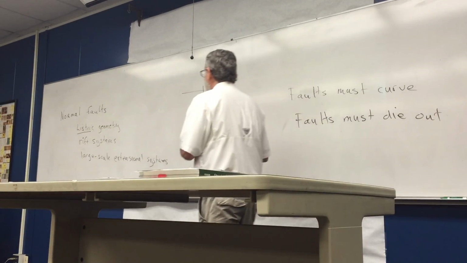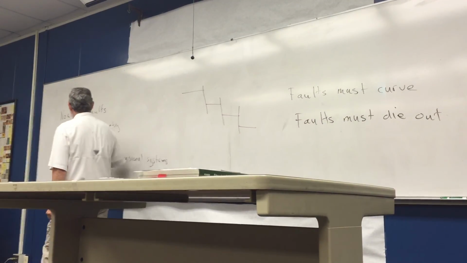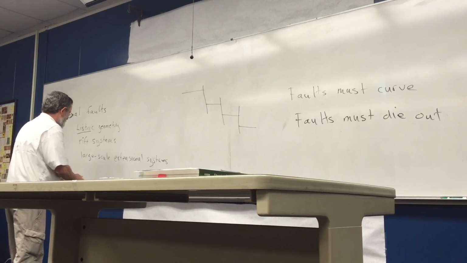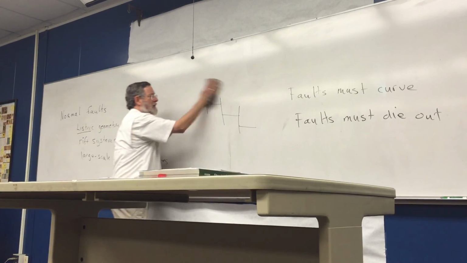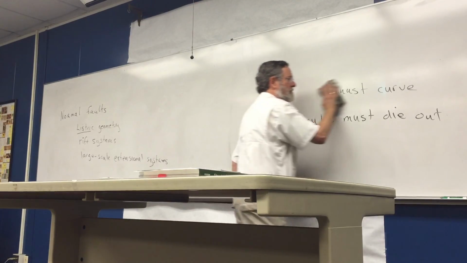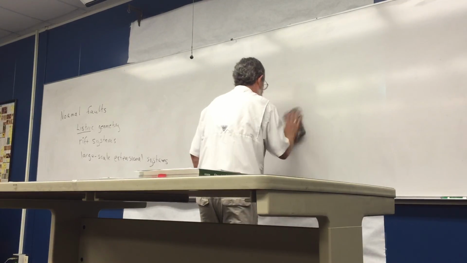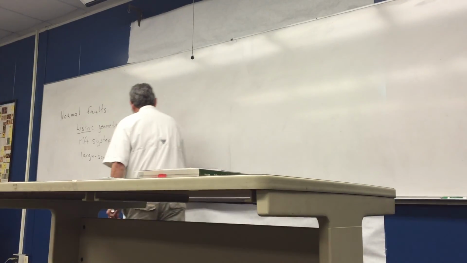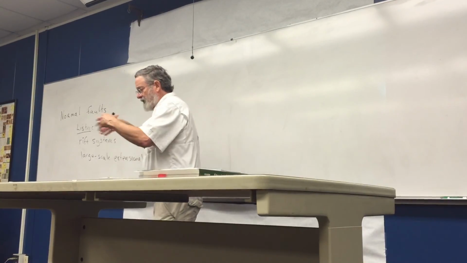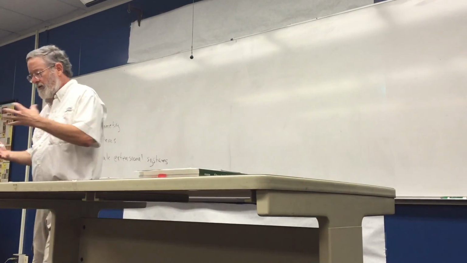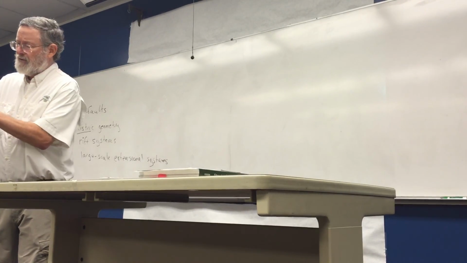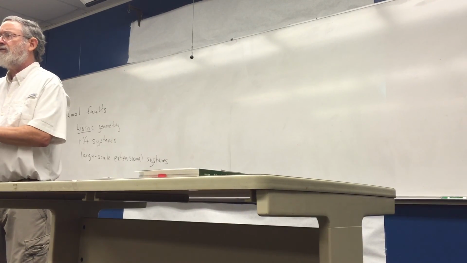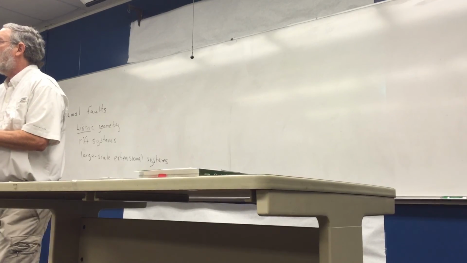So let's look at a Listric normal geometry. When we think about a Listric geometry, what we're saying is that as we have worked on faults and fault systems, as the literature has been developed, people began to realize that this stick-straight model that you saw in physical geology just didn't work.